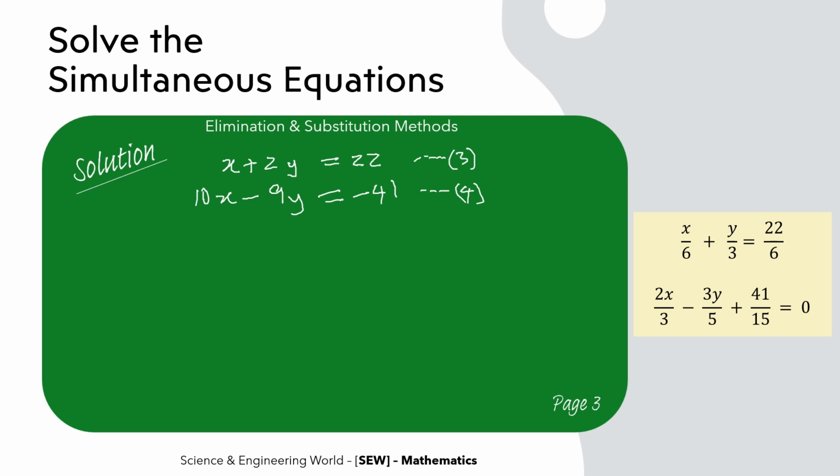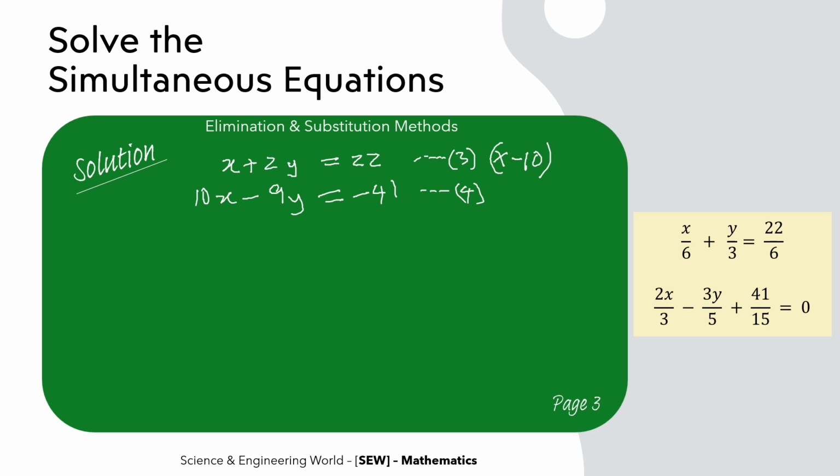So if you multiply equation 3 by minus 10, then we will see that if we add it to the second equation, the x will cancel. So we are eliminating x to find y. So in this case, we have 10x minus 10x. So we must multiply the whole of the equation by minus 10.